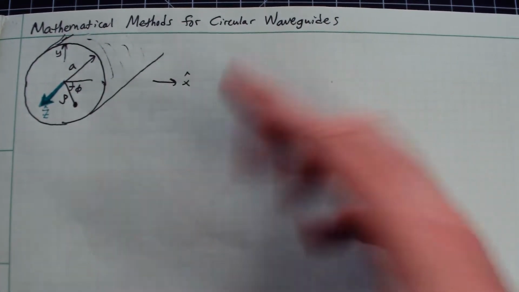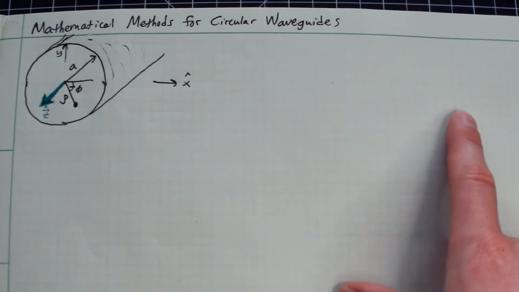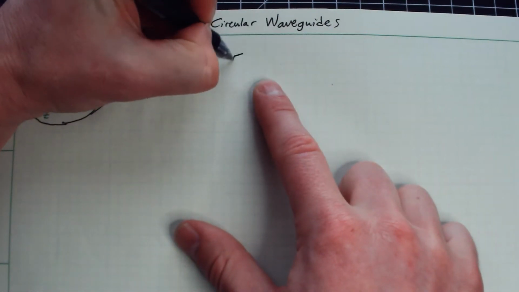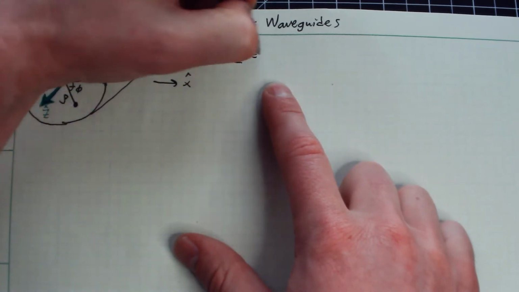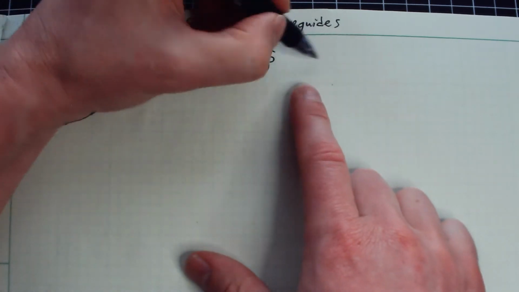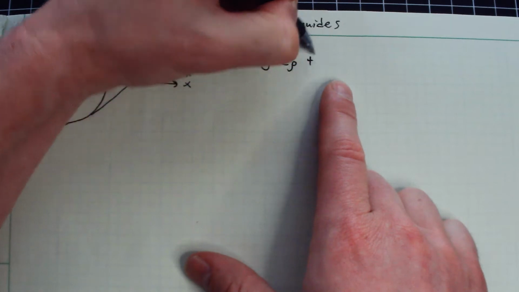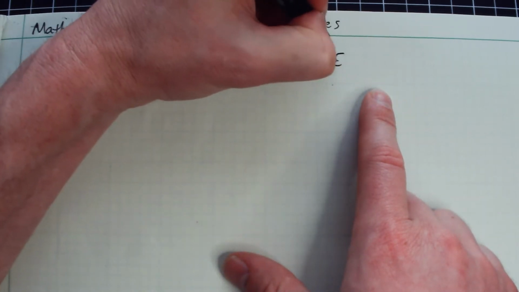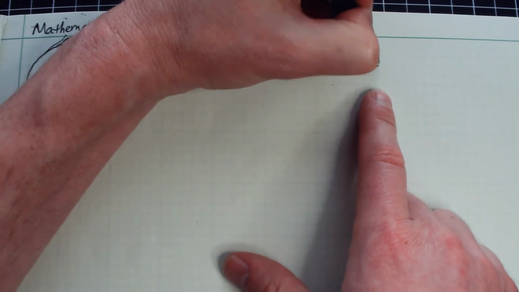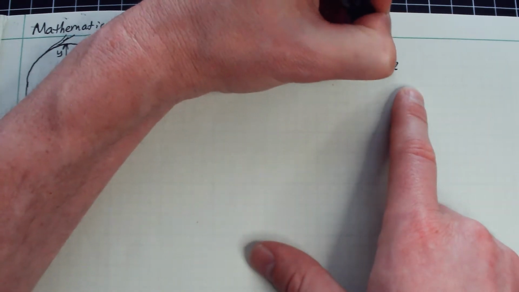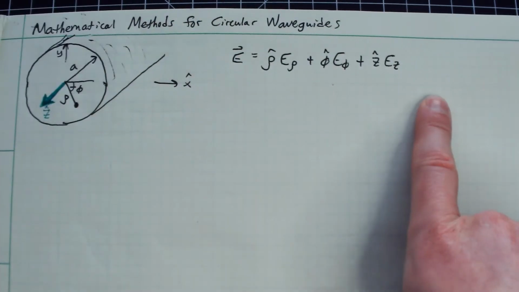So rather than saying my electric field has x, y, and z components, I'm going to write it as follows. My electric field has a rho hat component, E sub rho, plus phi hat, E sub phi, plus z hat, E sub z. So these are cylindrical coordinates.